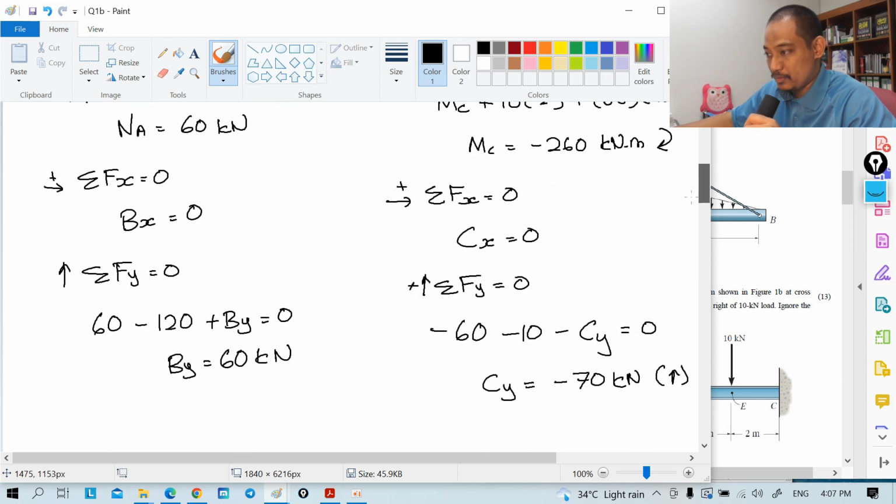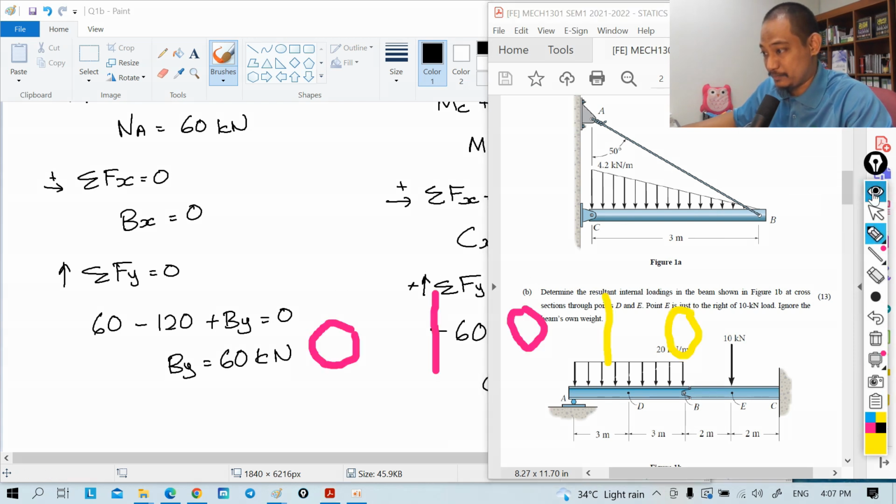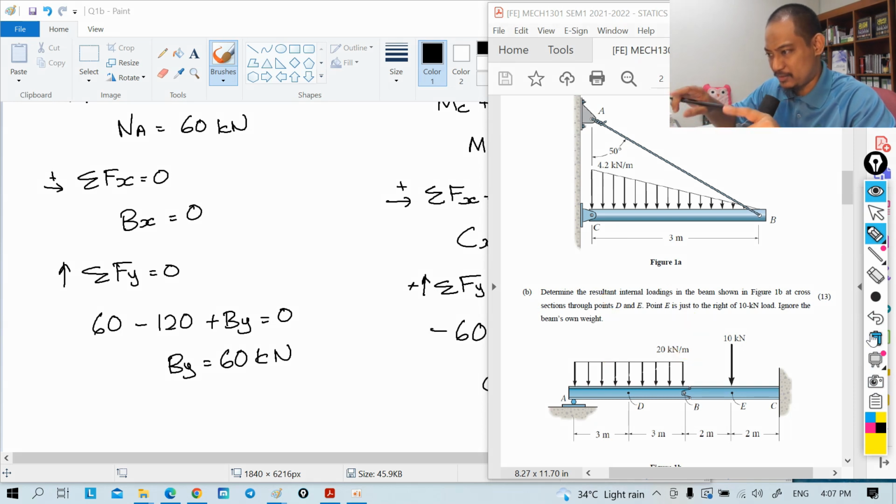Alright, so those are the support reactions, and which ones we use in our calculation depends on which part we want to use. So let's take this part.